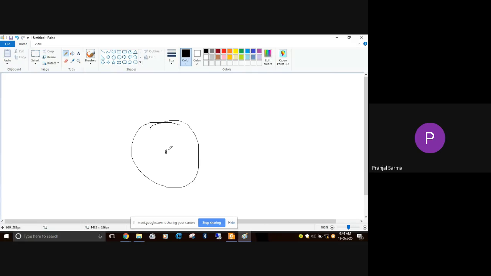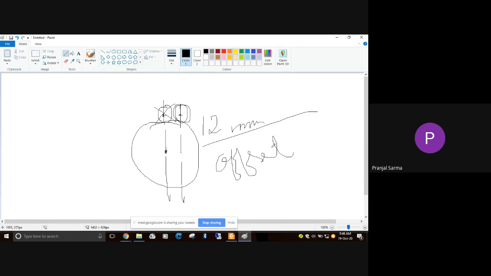So the roller position will not be here, but somewhere here, the center of the roller, which is towards the right. And how much is the amount? 12 mm towards the right. 12 mm is the offset.